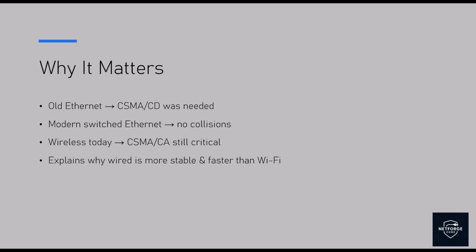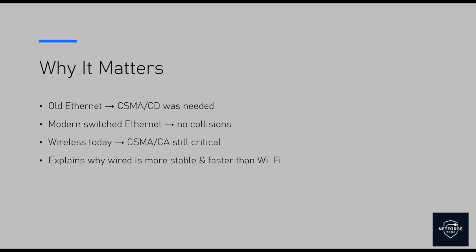Okay, so we spoke about everything. Here is the takeaway. Old Ethernet with hubs, we needed CSMA/CD to keep things orderly. Modern Ethernet with switches, there is no collision, no CSMA/CD at all. Wi-Fi, we need CSMA/CA, and this is critical because everyone shares the same airwaves.